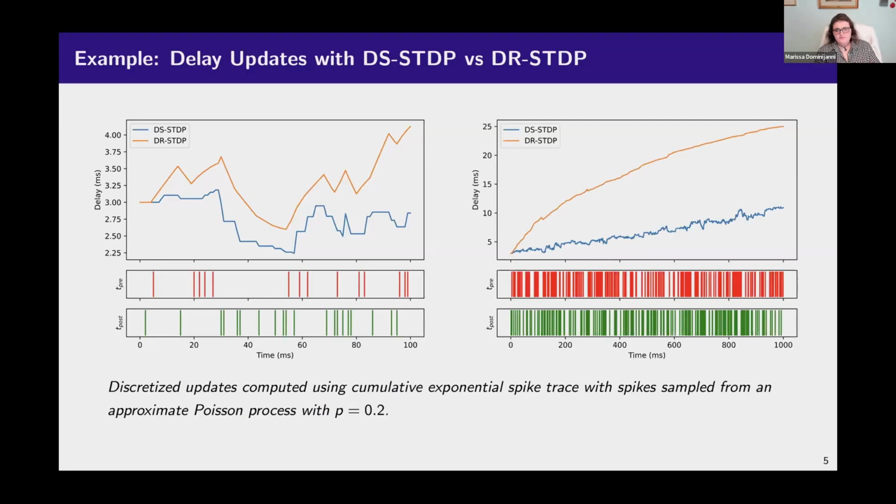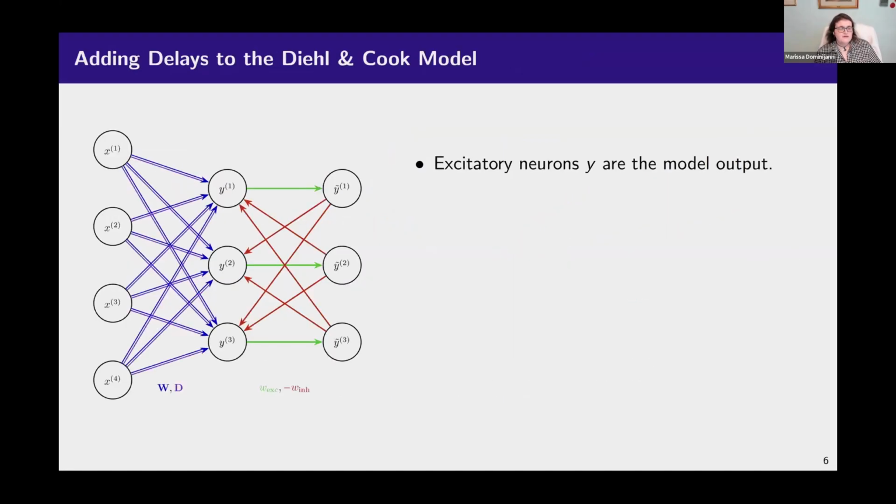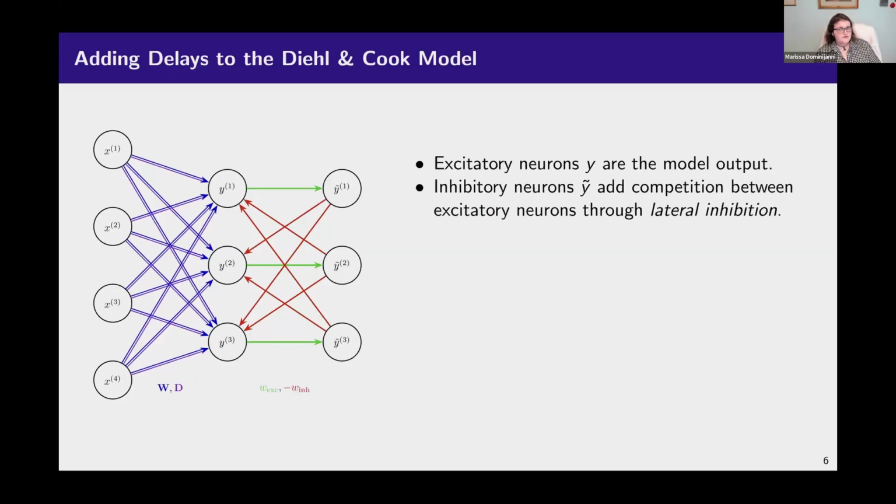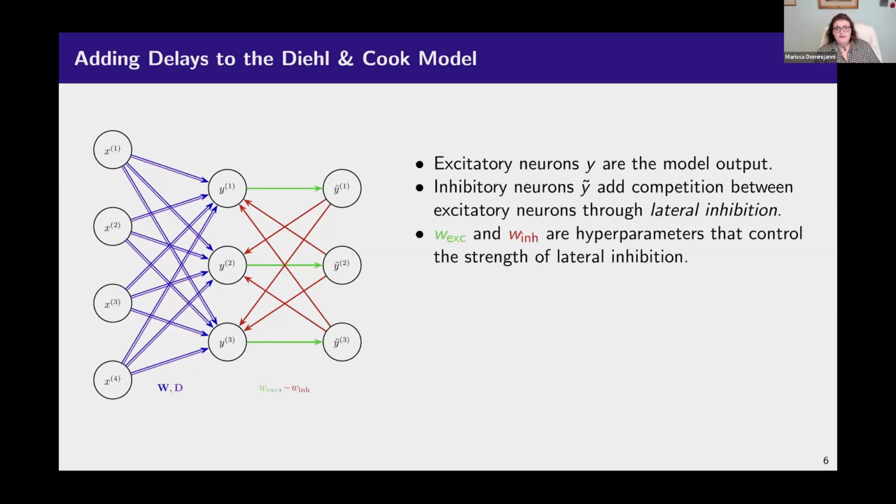But beyond just some toy testing like this, we wanted to see if this would make a difference in an actual model. For that, we decided to base our testing on the Diehl and Cook model, but incorporating synaptic delays. Here we have a group of excitatory neurons, which model the actual output that's used, and inhibitory neurons that are enforcing competition via lateral inhibition.